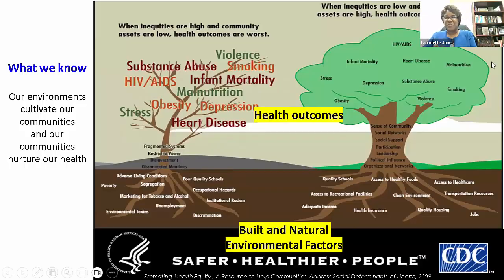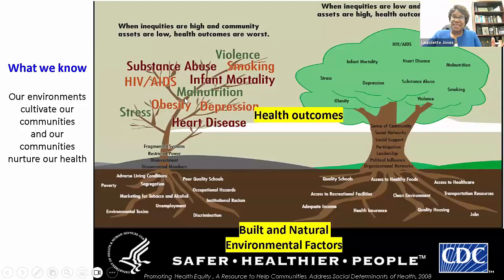And of course, the one on the right is really the tree that is flourishing. And what is here at the bottom is what I'm labeling as those built and natural environmental factors, such as poor quality schools, if we look at the tree over here, and segregation and poverty and adverse living conditions.